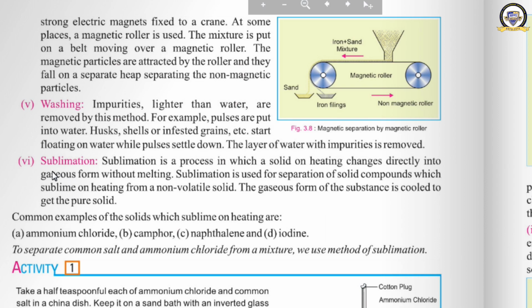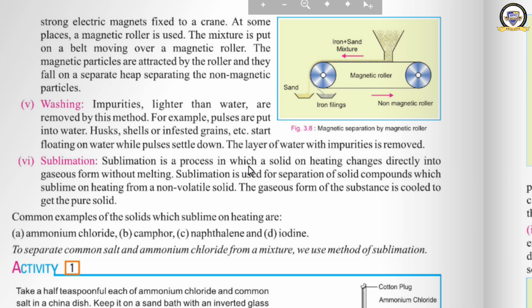Okay. Next one is sublimation. What do you mean by sublimation? Sublimation is a process in which a solid on heating changes directly into gaseous form without melting.